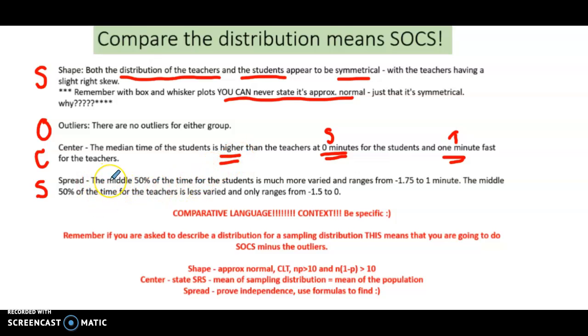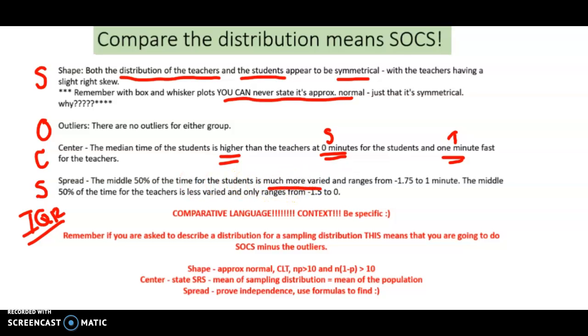And then remember, our spread has a specific explanation here. When we are talking about the spread with box and whisker plots, you need to use the IQR. Do not use the range. That is a little bit too broad of a category, because most of our data is going to be in the IQR. So the middle 50%, that's our IQR, of the time for students is much more varied.